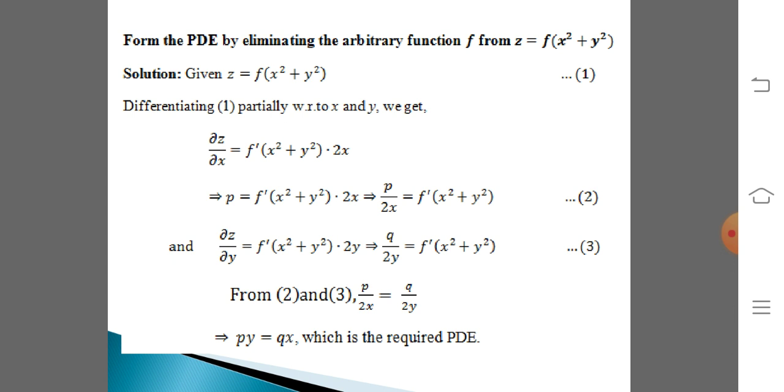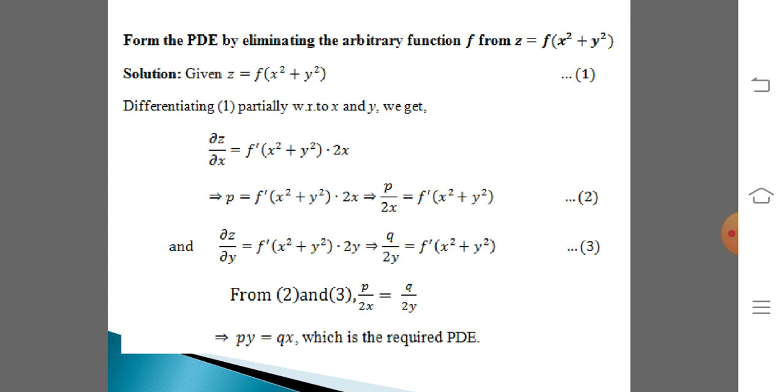Next, let us see how to formulate PDE by eliminating arbitrary function from the given equation. Say for example, you form the PDE by eliminating the arbitrary function f from z equal to f of x square plus y square. So instead of constants, we are given an arbitrary function f.